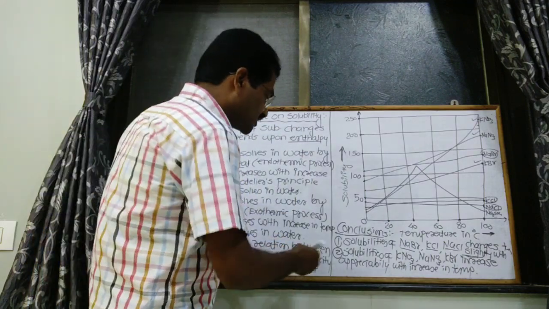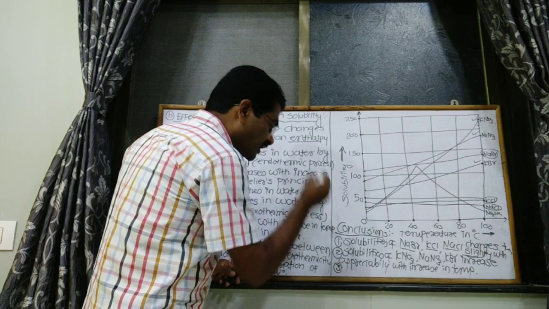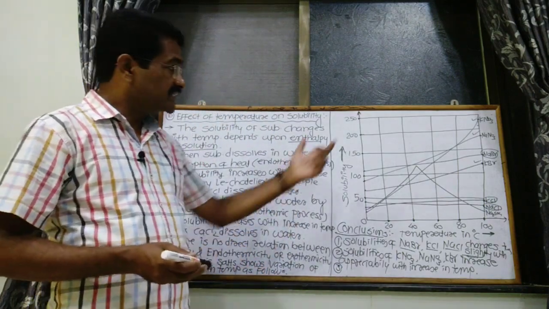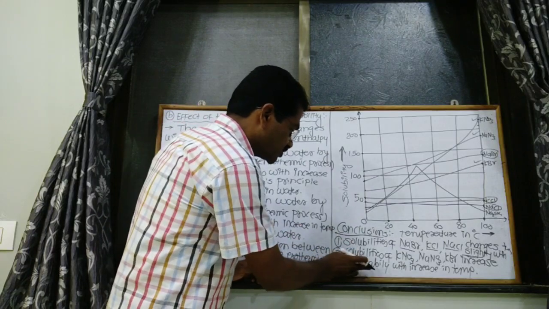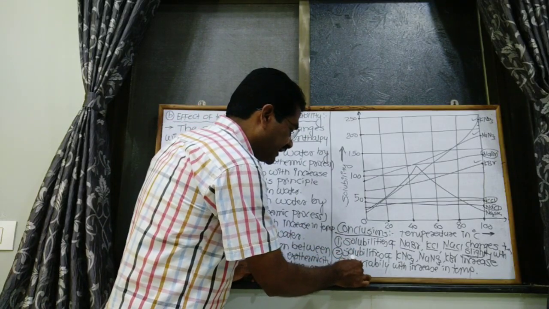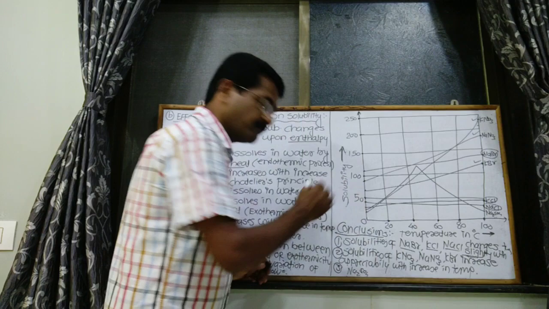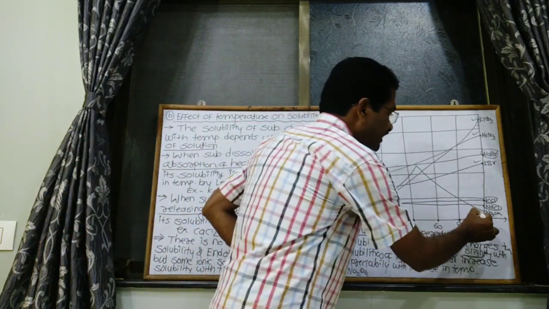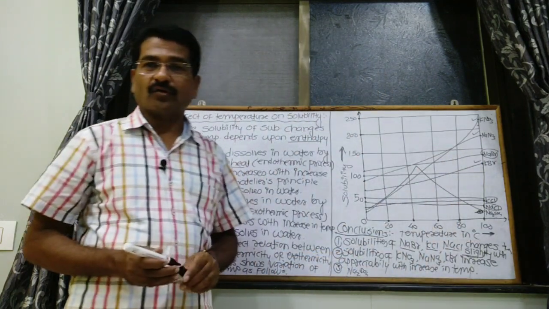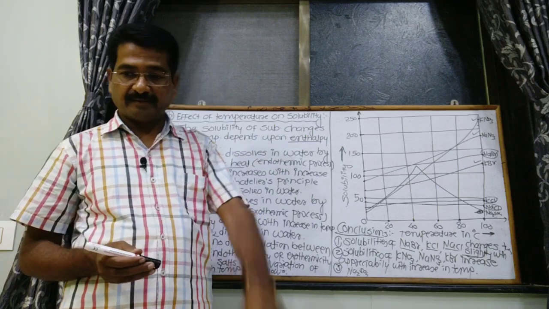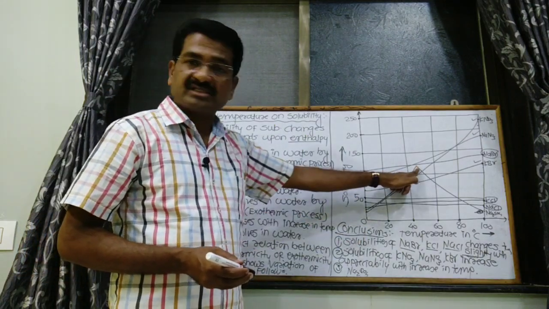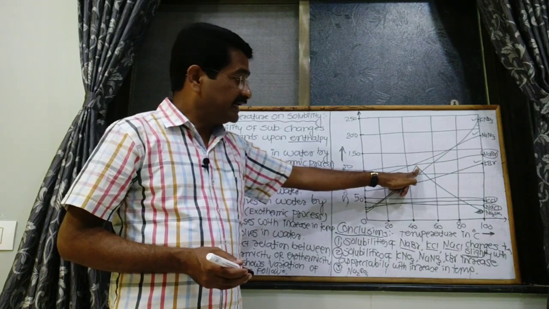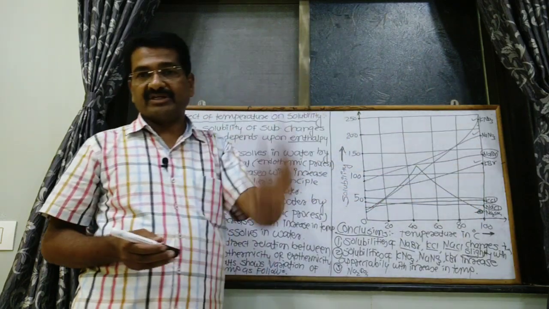And the last, third conclusion, with this graph: the solubility of Na2SO4, sodium sulfate, increases with increasing temperature at first, then decreases with increasing temperature.